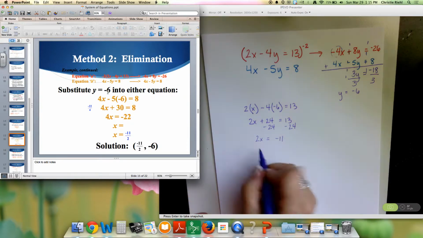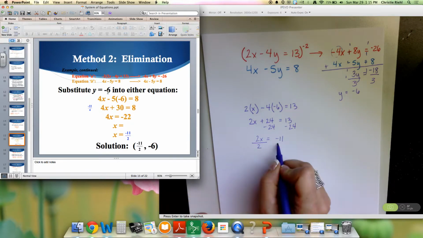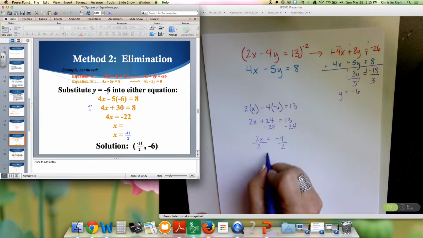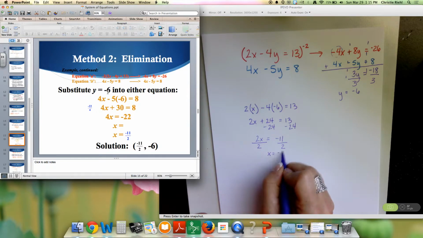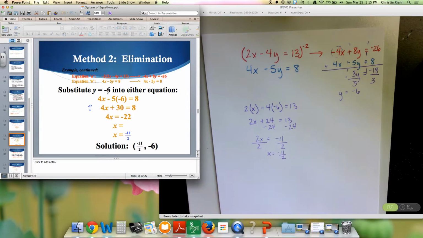To isolate my variable, I need to divide by 2. And I get x is equal to -11/2. Okay? Hopefully you got that as well, and you could have done it by substituting into the other equation as well, which is up here in yellow.